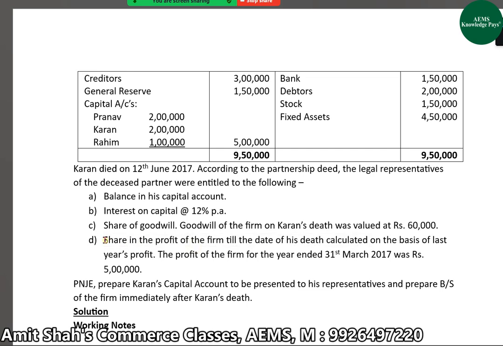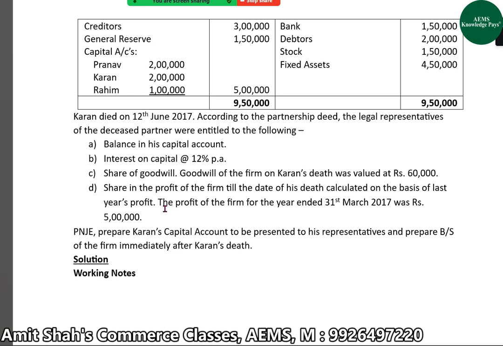So this is about profit of intervening period, and the profit of intervening period is to be calculated on time basis because we have been given only profit of the immediate previous year, right? So we have to apply here time basis. So here intervening period is from 1st April 2017 to 12th June 2017.